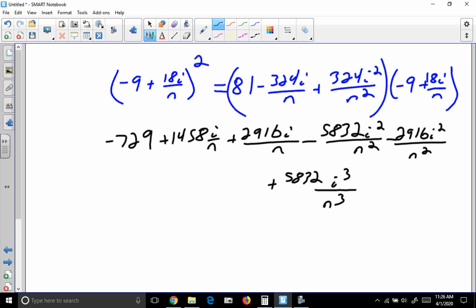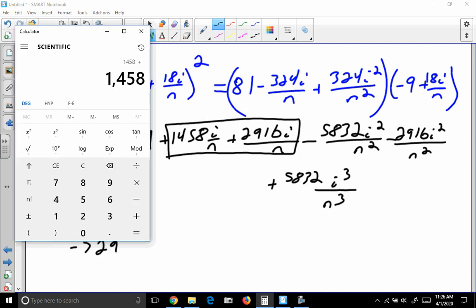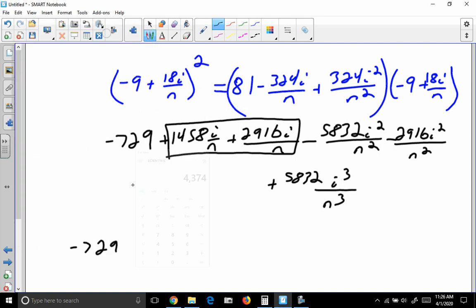So we need to combine like terms. We have a minus 729. This one and this one are i over n. So 1458 plus 2916 is 4374. So that's i over n. Then we have some i squareds over n squareds. So 5832.